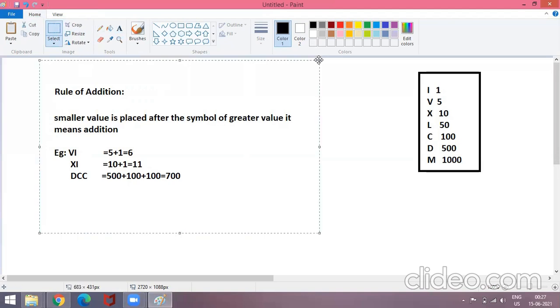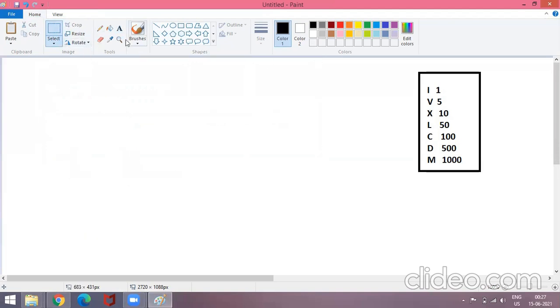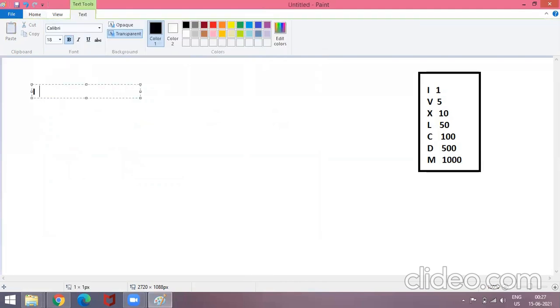So we will do some practice exercises on the same. First one. As a first exercise, write Roman numerals for the numbers. Start with me, the first one, 287.